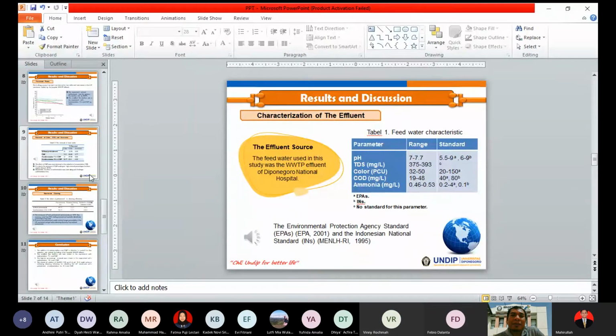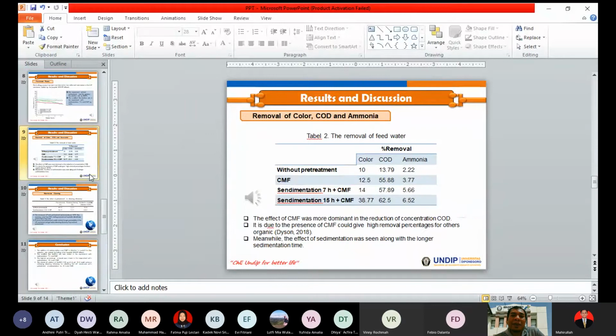Although of course the more total dissolved solid, it will also affect the color here, but it is likely that the change is not much when we use the CMF itself with the sedimentation at 7 hours. The change almost doubled when the sedimentation was done for 15 hours.